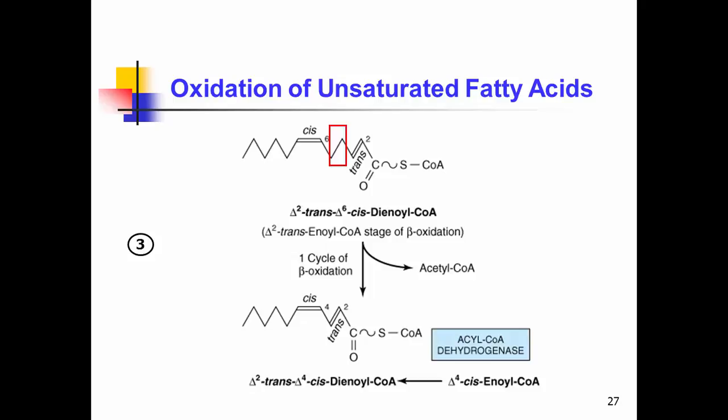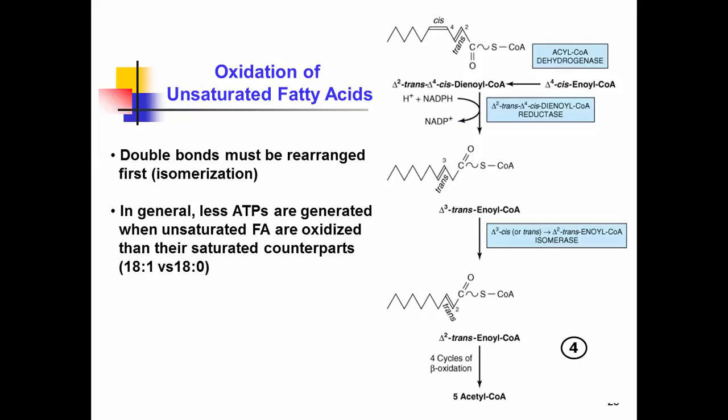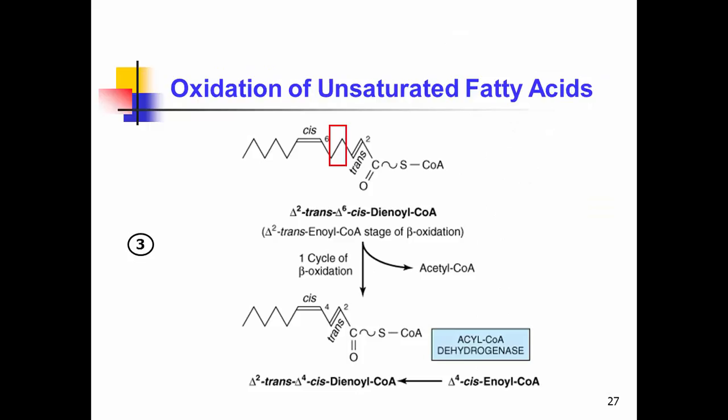But eventually you will still have double bonds left, but these double bonds are not able to be cleaved. So that means you have less acetyl-CoA generated compared to the saturated fatty acids, right? Because the double bonds were not able to be cleaved to generate acetyl-CoA.